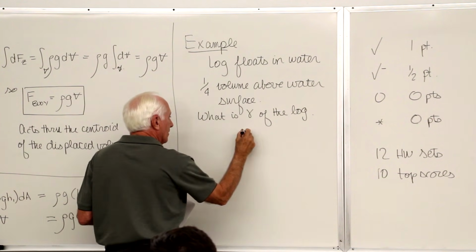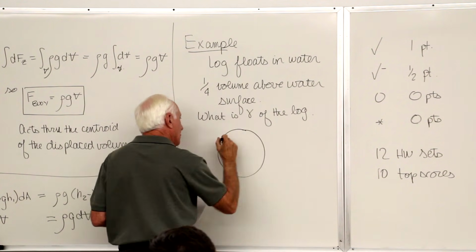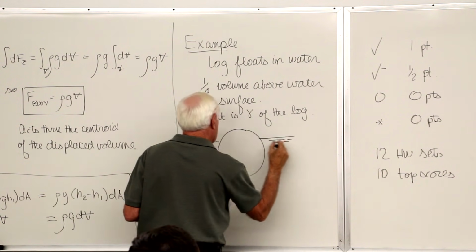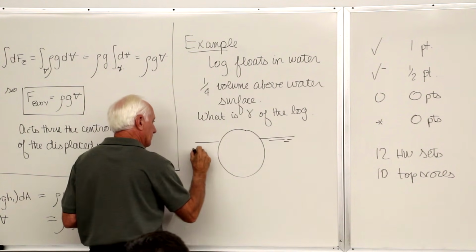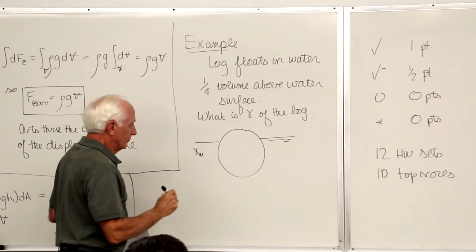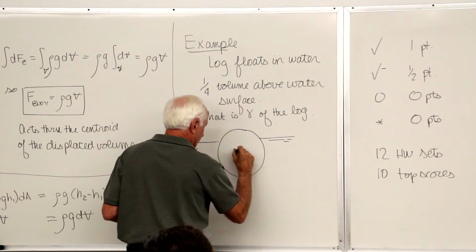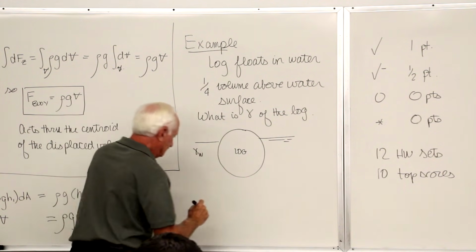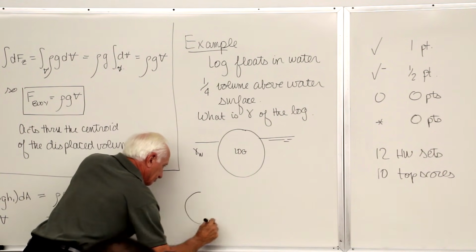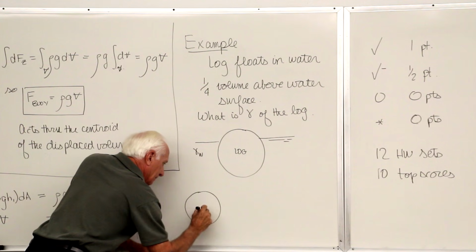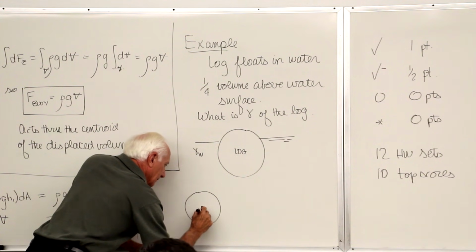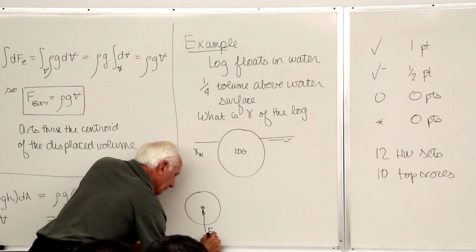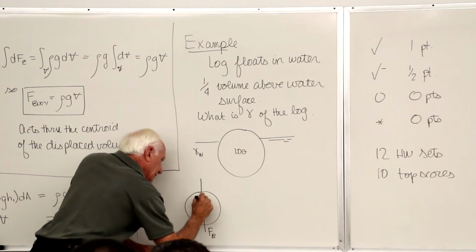Okay, so here's our log. 1/4 of it is protruding above the water surface. Draw a free body diagram: buoyant force and weight.